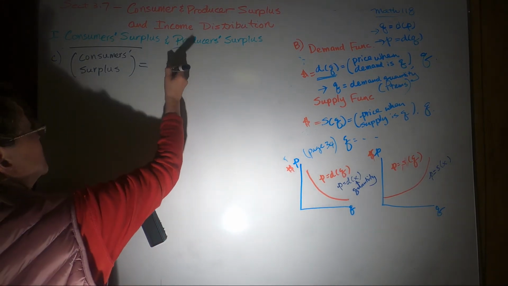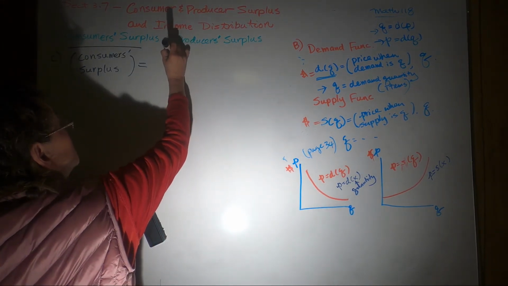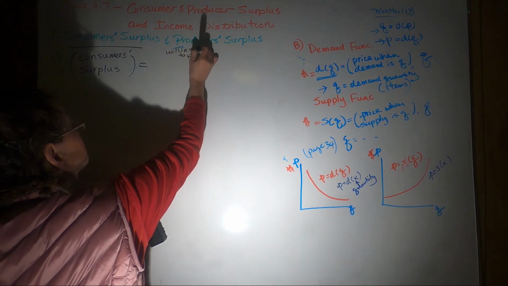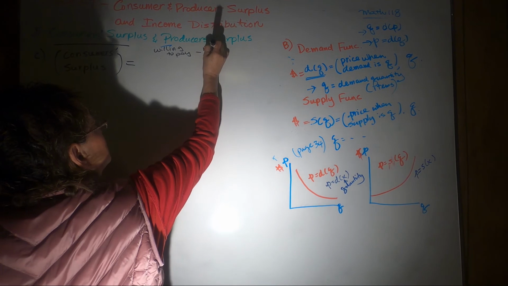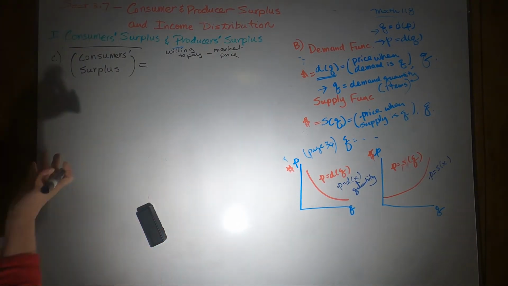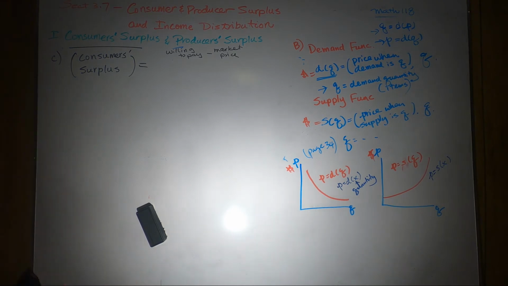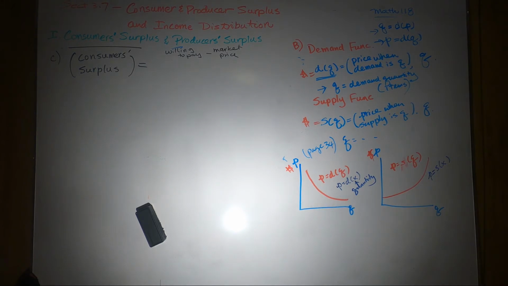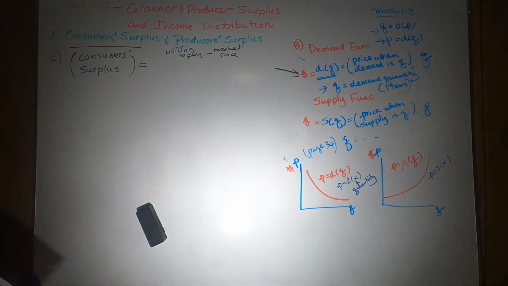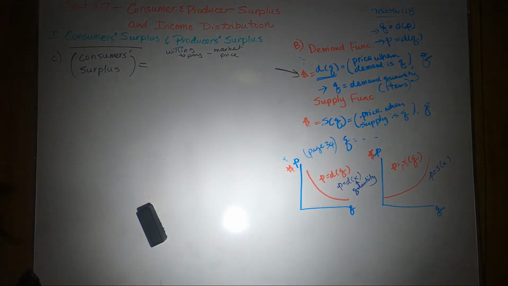So it would be what? Consumers willing to pay minus what? The market price. That will be the leftover for consumers to spend, right? So what consumers are willing to pay is according to this demand function, right? Demand quantity.